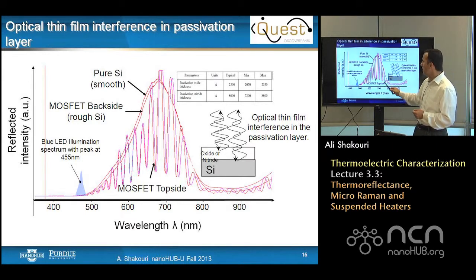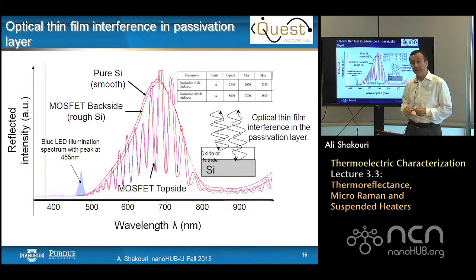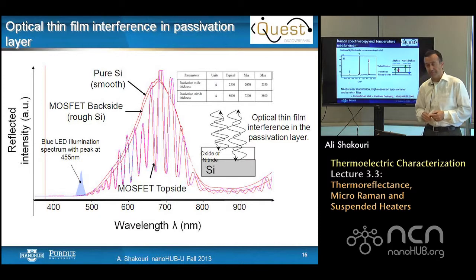And whenever you do temperature changes, you have to worry about where you are exactly at this wavelength. One possibility is to use a broader illumination source, so you kind of average over this to avoid this interference effect, and that has been used successfully.